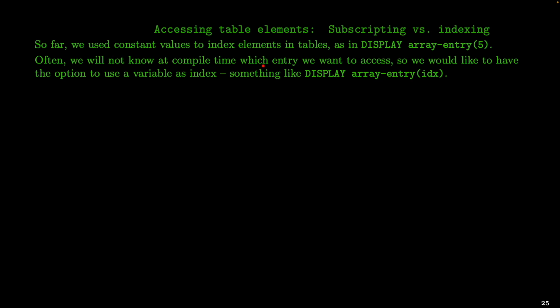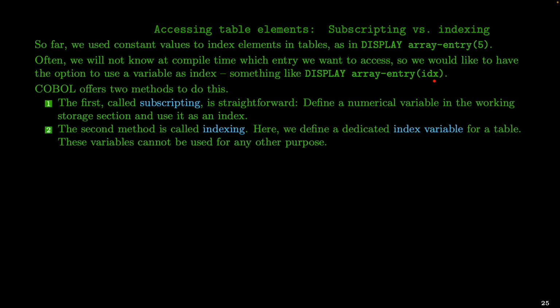So what we would like to have is a variable that we can use for the index, so that we can compute an index dynamically. And this should work, of course, somewhere like this: display array entry index. So this would be our variable that contains the index we want to access.